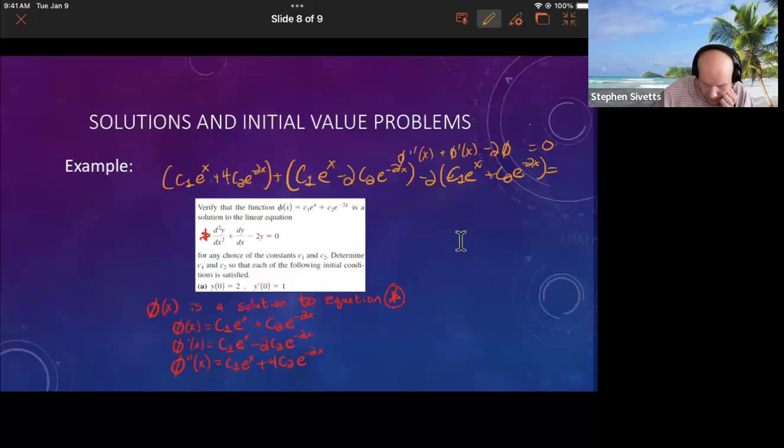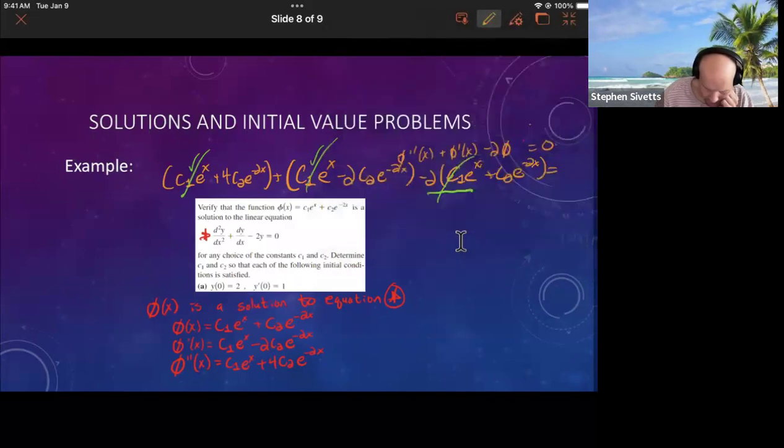And this has to equal 0, right? So we have a c1 e to the x, plus another c1 e to the x. But we have a minus 2c1 e to the x here. So this would be 0, right?